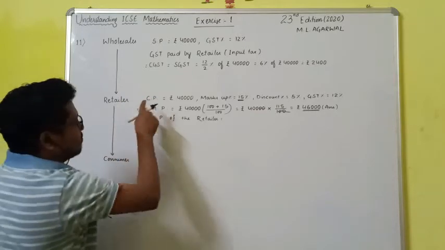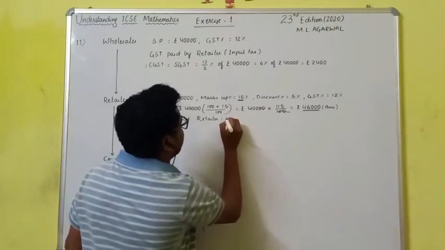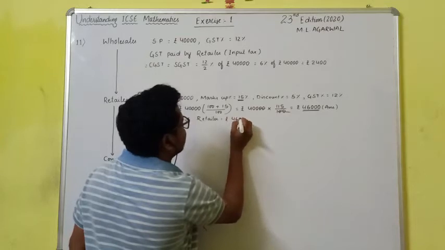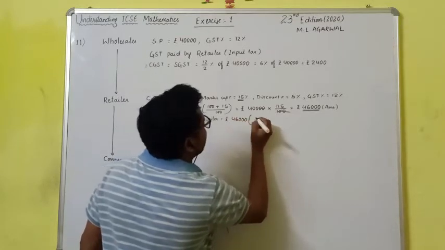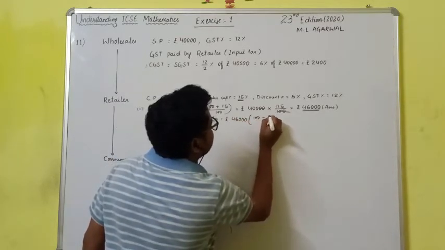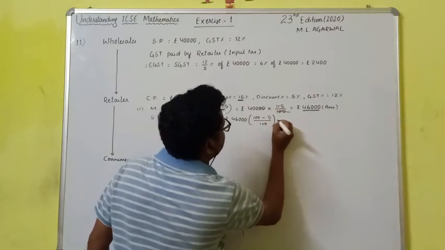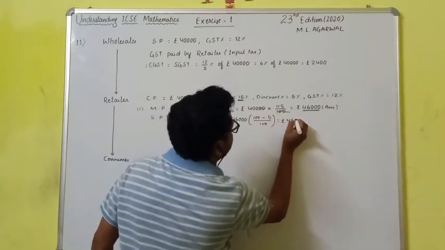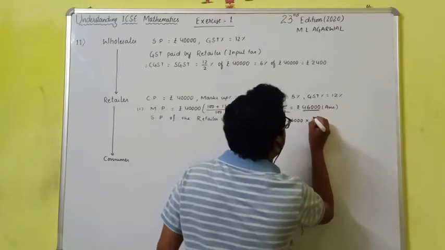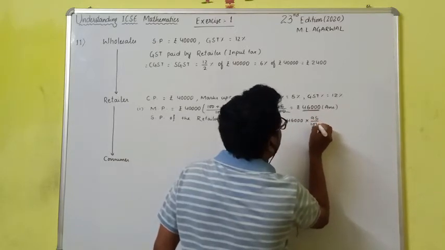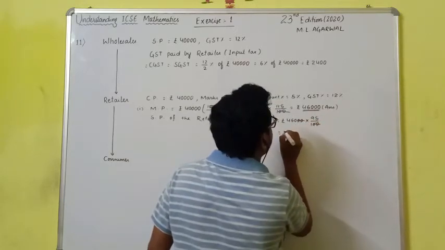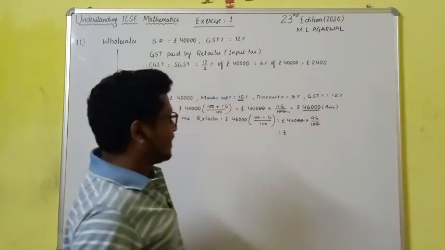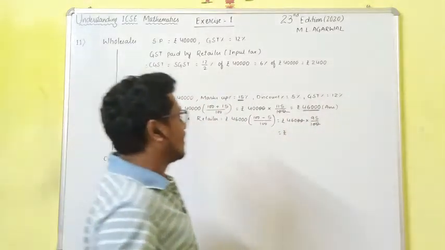Then SP of the retailer will be equal to 46,000 into 100 minus discount, that is 100 minus 5%. So it will be 46,000 into 95 by 100.